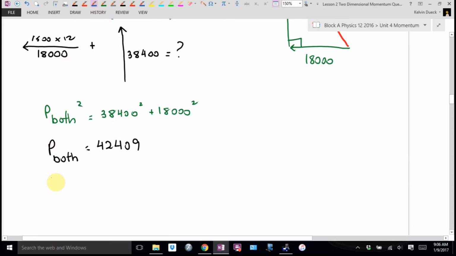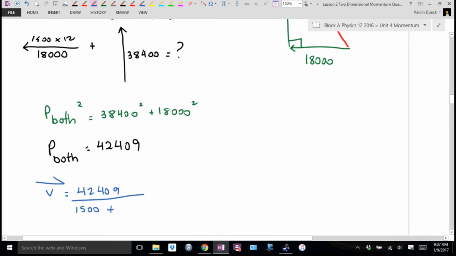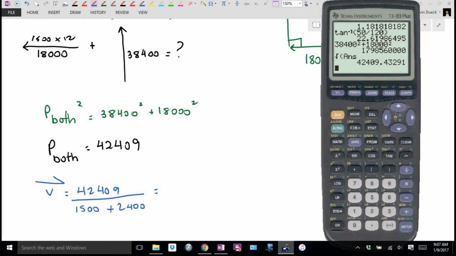So the velocity is going to be 42,409 divided by the first car and, what was the second car? 2,000? 2,400. Divided by 1,500 plus 2,400. That's the speed, 10.9.